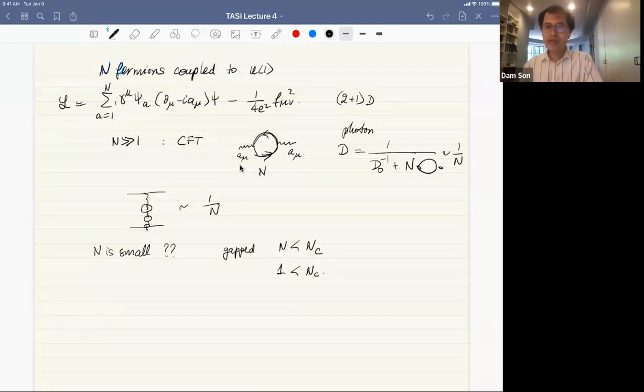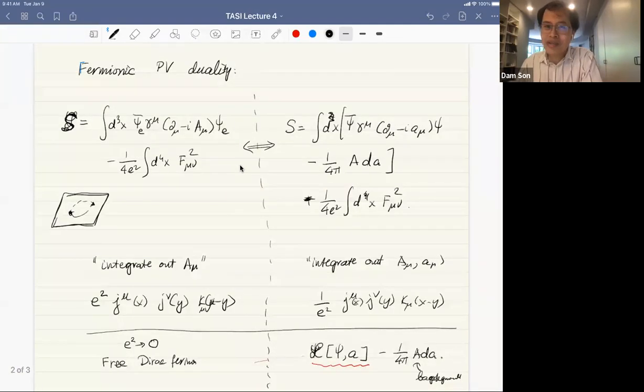And so the question, I think this question is still open, is whether this duality is actually correct or it only serves as a guide to understand the fractional quantum Hall problem. In order to understand the fractional quantum Hall problem, we need to make use of this duality at finite density.